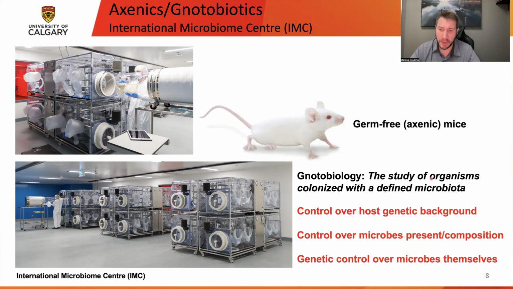Through gnotobiotics, we can control the microbes that are present and the microbial composition of the microbiota in those experiments. And lastly, what I'm going to talk about a little bit later, we also now have genetic control over more and more microbes, where genetic systems become available to manipulate them.